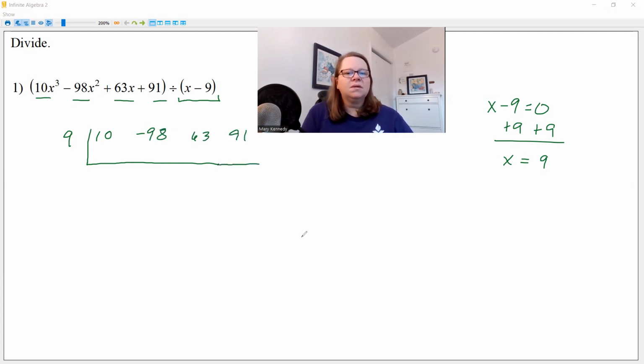All right, extend that out. Okay, so the first thing you do, bring down the first number, and then you're just multiplying. 9 times 10 is 90, and then you'll combine those. Negative 98 and 90 is negative 8, and then you multiply again. 9 times negative 8 is negative 72, and you'll combine those and get what? Negative 9.